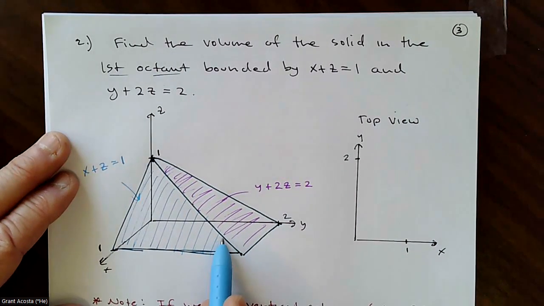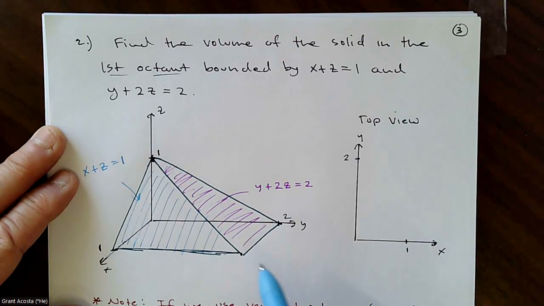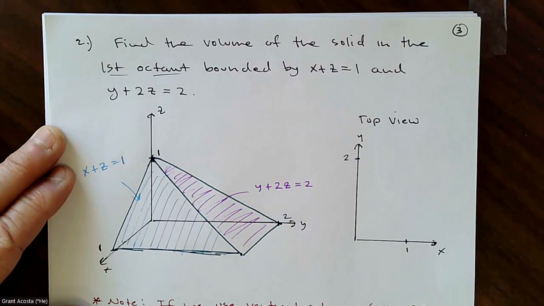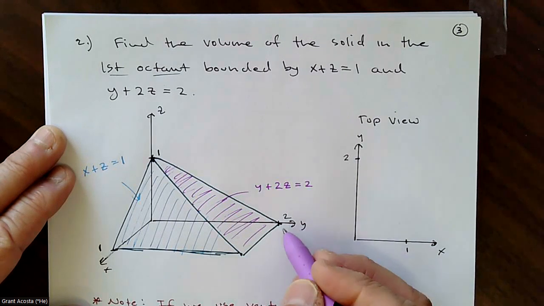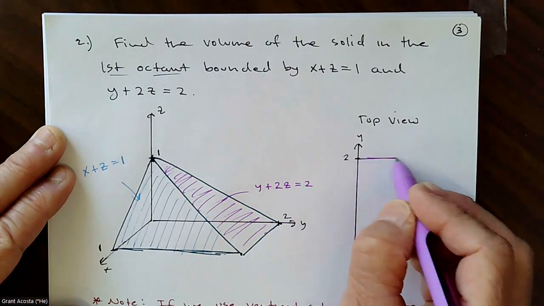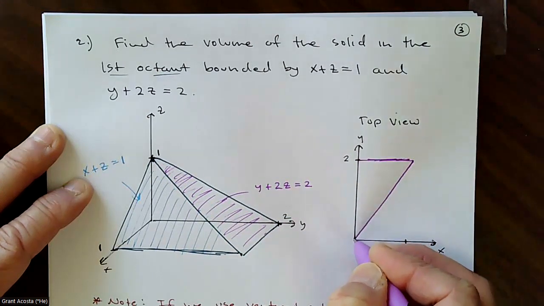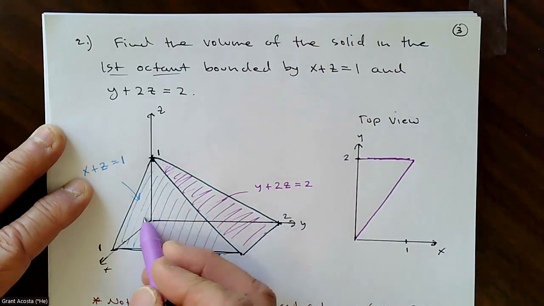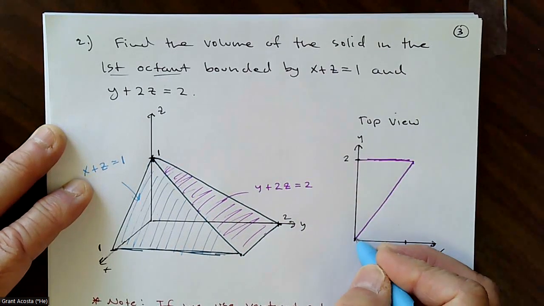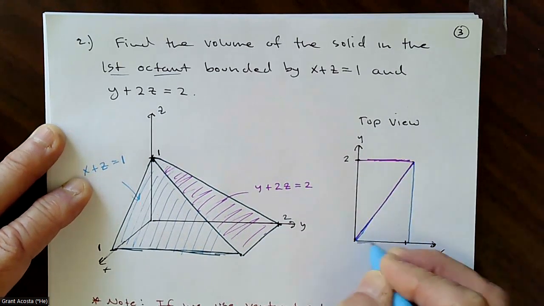And in fact, to help you see how we're going to want to approach this, let's think about a top view of this. If I looked at this picture from the top, what I would see is this. This purple part, this line's going to stretch up to 2 and go like this. Everything's going to lie over this rectangle right here, but the purple part's only going to stretch from there, and then the blue part, the other plane, is going to be right here.